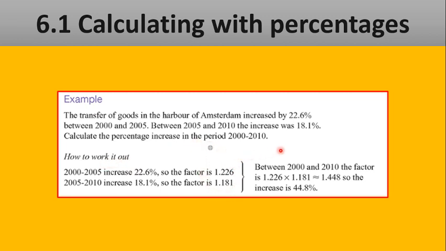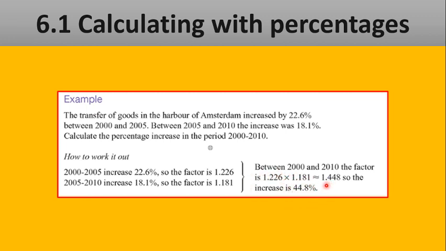And after that, if you want to know the percentage, you're first going to multiply both multiplication factors, which gives us a certain new multiplication factor, in this case 1.448. And then you have to calculate that back to a percentage again, right?